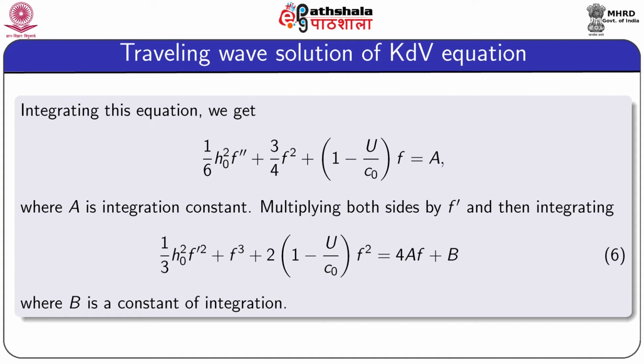Again this equation can be integrated. So, for that we multiply this equation on both sides by f' and then we integrate and obtain equation 6, where B is another integrating constant.